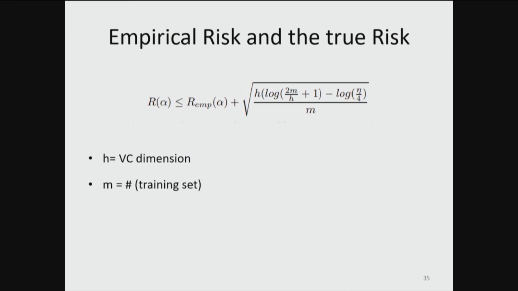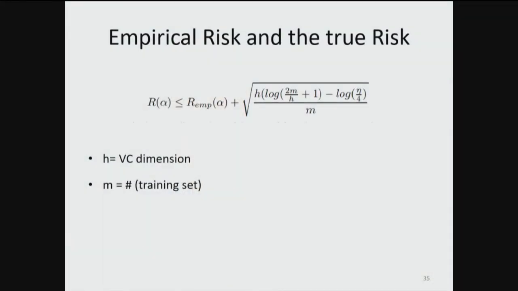Empirical risk is nothing but the training error, and the true risk is nothing but the test error. We formulate a model based on the data sets we have, and whatever error we get is the training error or the empirical error. But in the actual scenario, we put that model into practice on actual data, and then the model shows some error, and that error is the true risk or the test error.